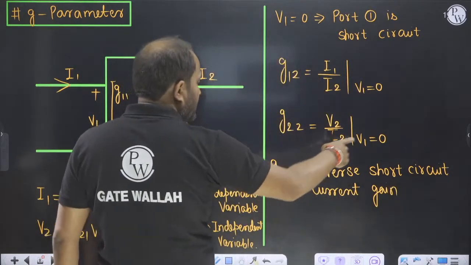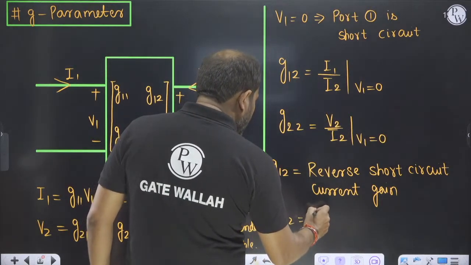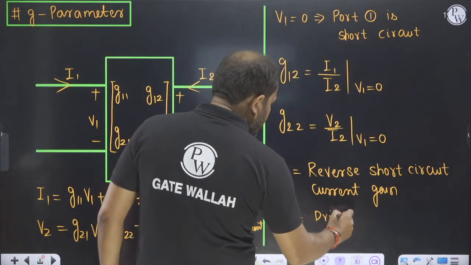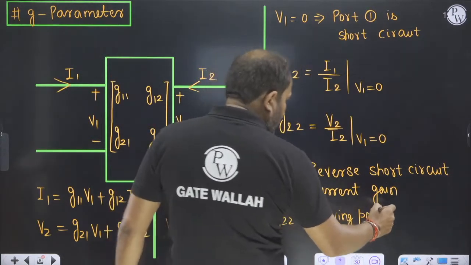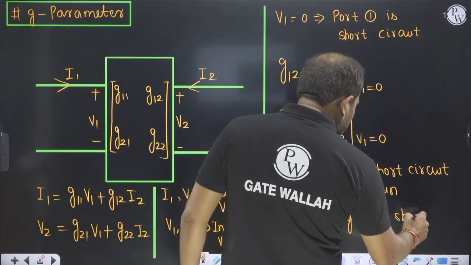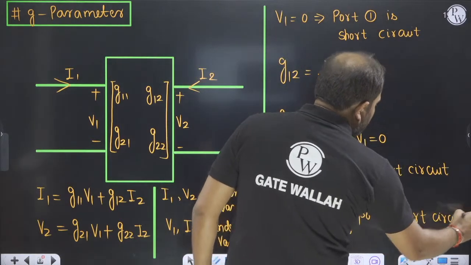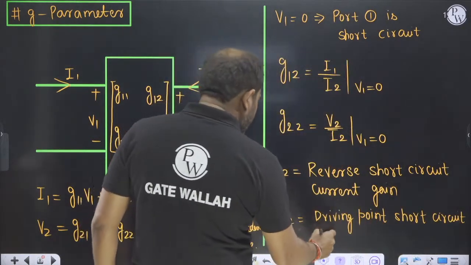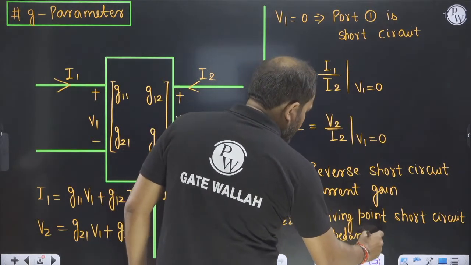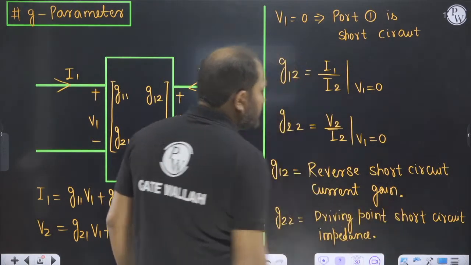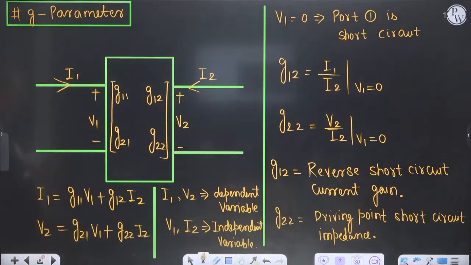And G22 is the driving point short circuit impedance. So this is our G parameter.